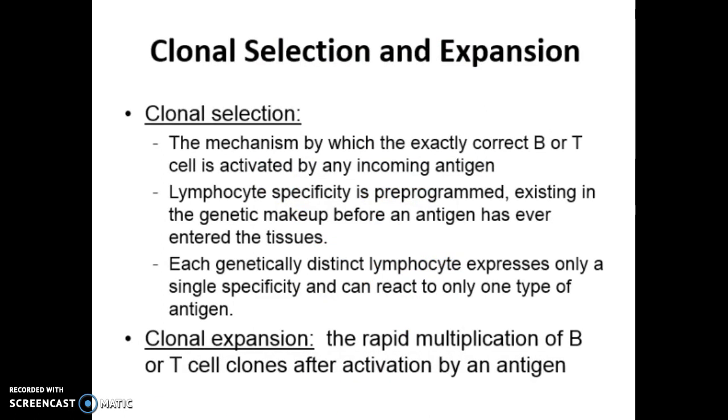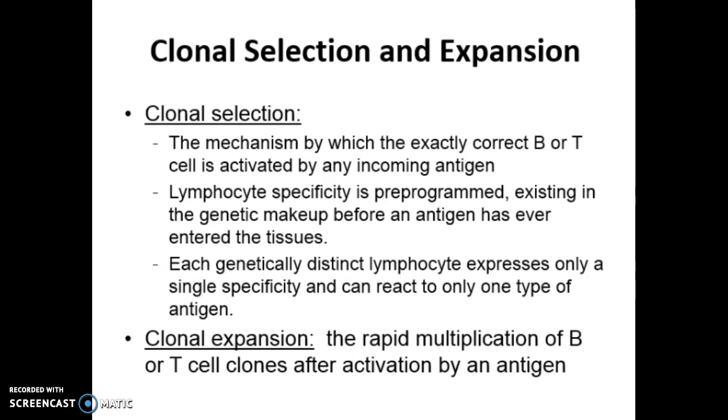This slide shows 2 terms that you need to know, and both apply to B cells and T cells. The first one is clonal selection, which, as you see here, is the mechanism by which the exactly correct B or T cell is activated by the antigen.